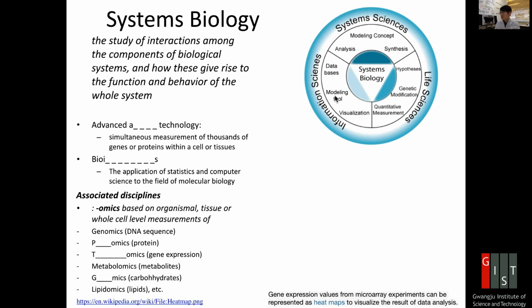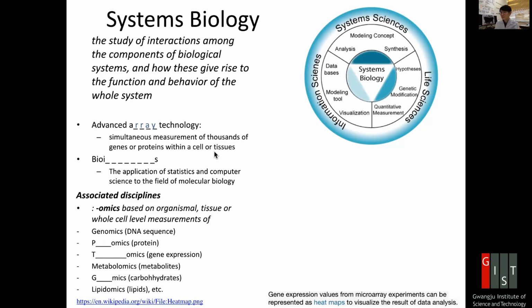So this is possible by advanced array technology. An array is just a grid pattern, in which instead of one single measurement, we are talking about simultaneous hundreds and thousands of measurements. So, simultaneous measurements of thousands of genes or proteins within a cell or tissue.